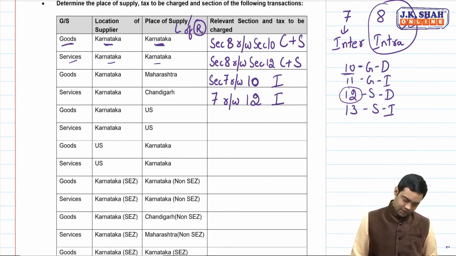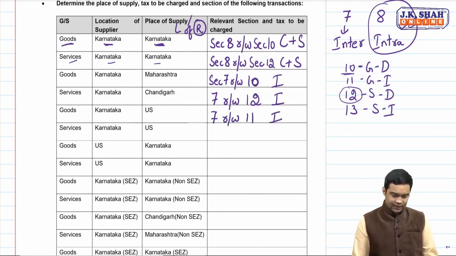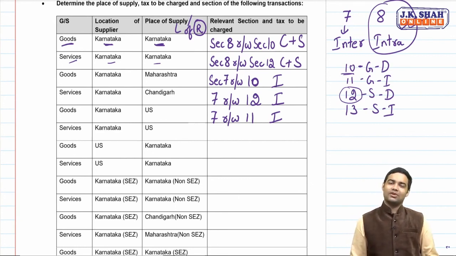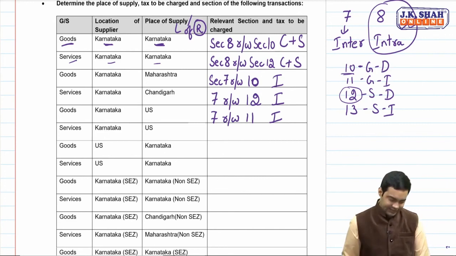Goods Karnataka to US. All transactions outside will always be interstate supply. So it would be 7 read with 11, IGST. Services Karnataka to US, obviously we will not charge tax, we will give the benefit of export, but we'll have to mention that the export benefit, it is regarded as an interstate supply.